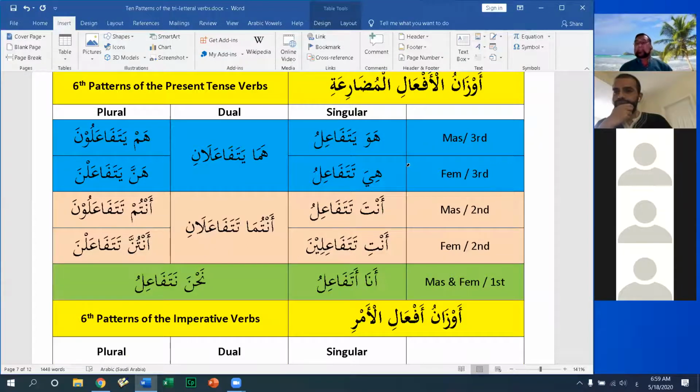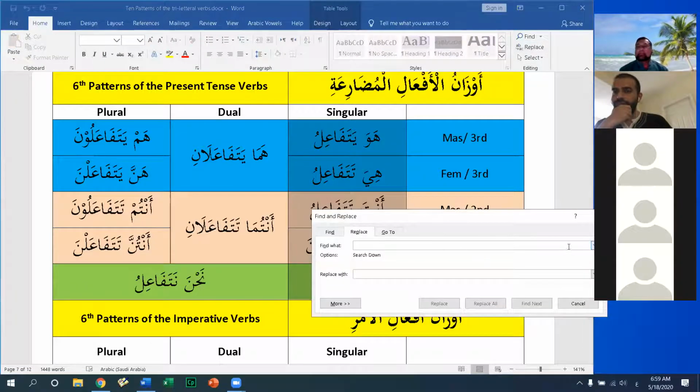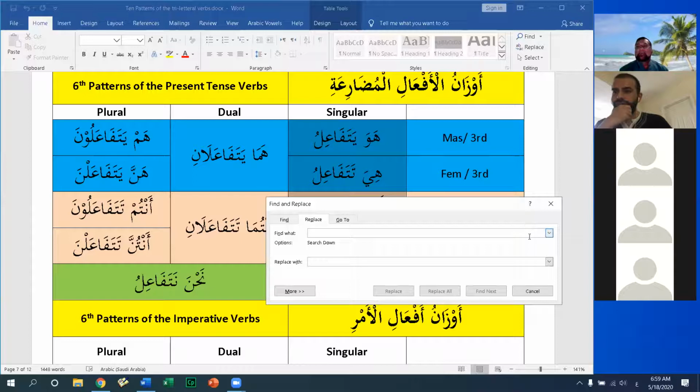In this case the ra is not round, right, because there is a kasra? That is correct. But do yatafa'alu first. No, I'll do it. Oh, this is all wrong. Because I normally do a search and replace like this, and I overlooked it. So I would look for an ayn with a kasra, and replace it with an ayn with a fatha.